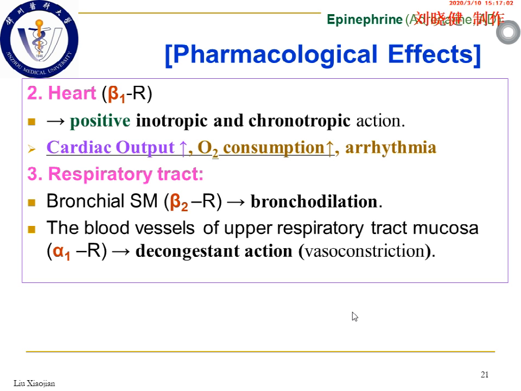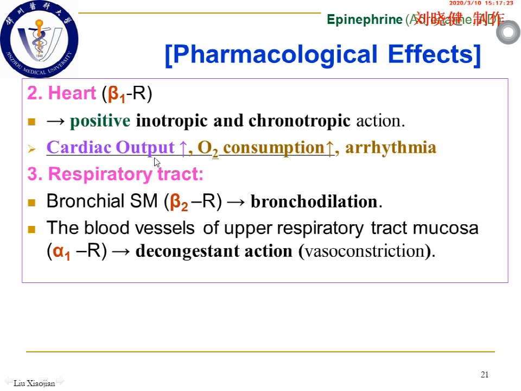Second, this drug, epinephrine, also can activate beta-1 receptor. So it has a positive effect on the heart. It can cause positive inotropic and chronotropic action. So the final result is increased cardiac output.